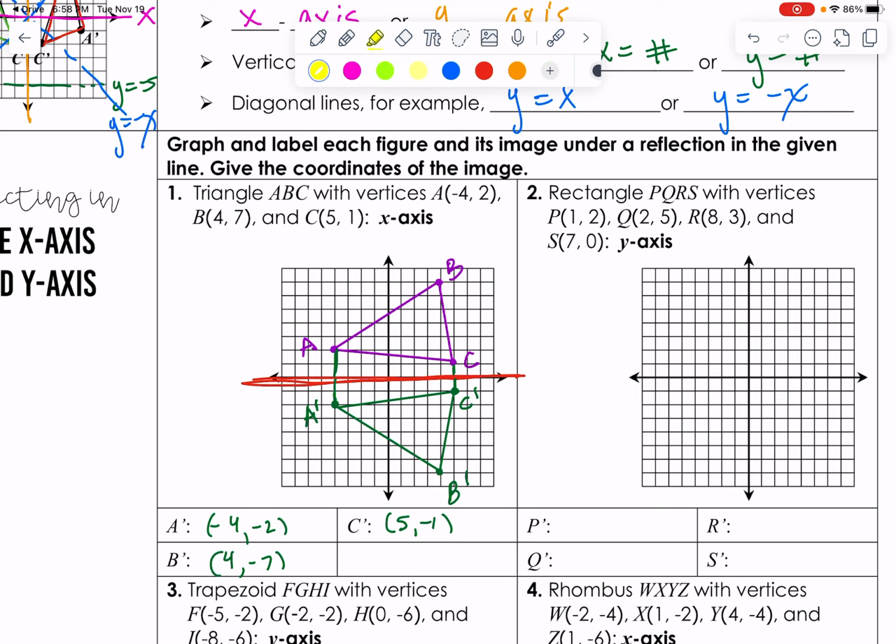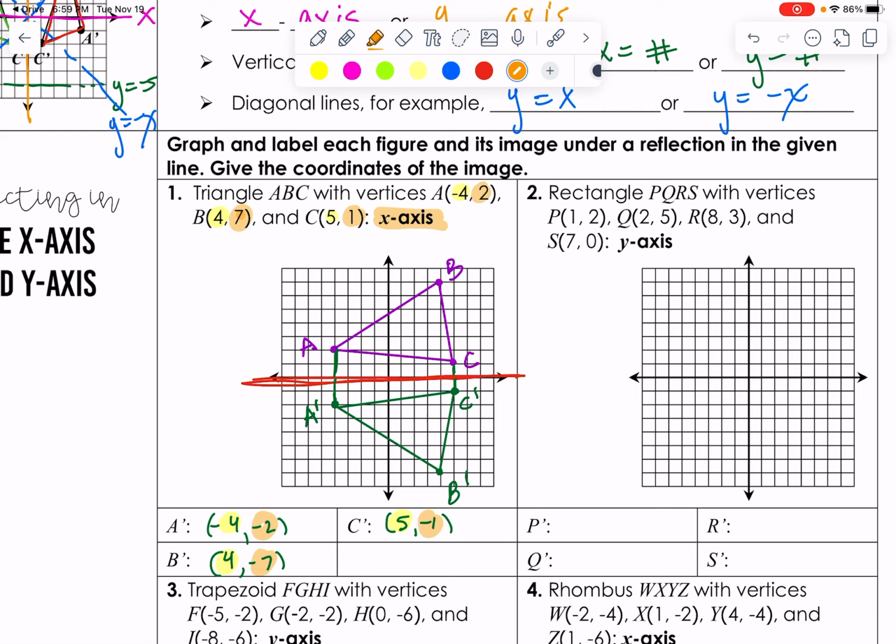Notice in each coordinate that the x-coordinate stays the same, and the y-coordinate changes signs. So that's for the x-axis.